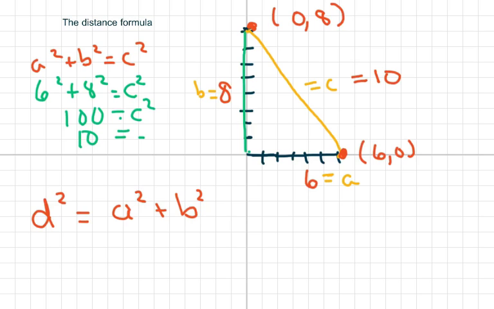I'm going to call this point 1 and this point 2. And so therefore, this would be x sub 1, comma, y sub 1 for point 1. And this point would be x sub 2, comma, y sub 2.